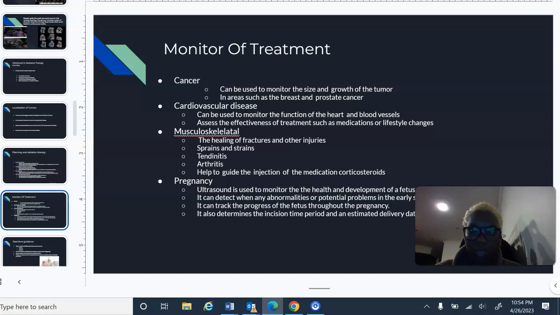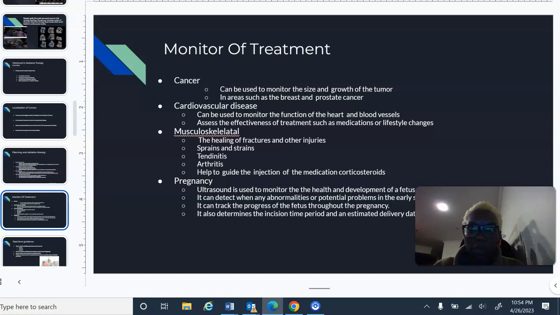So for instance, if the physician prescribed the patient medication for whatever issues the patient has, you would want to later image again to make sure that the medication is in fact doing what it's supposed to do.